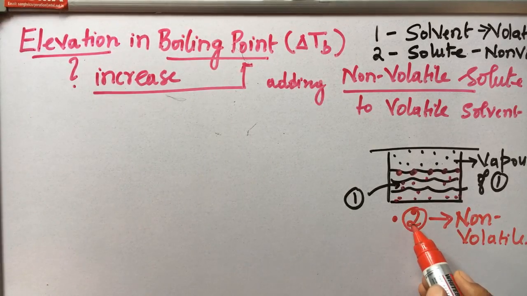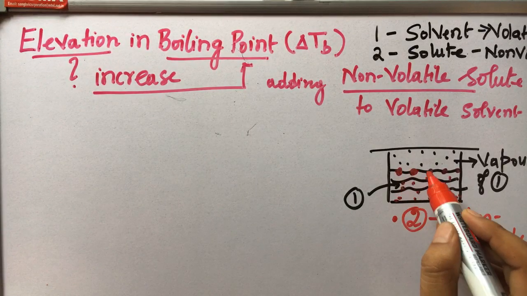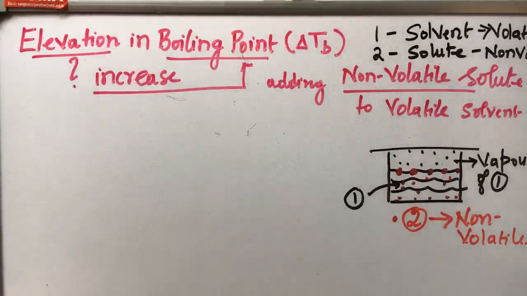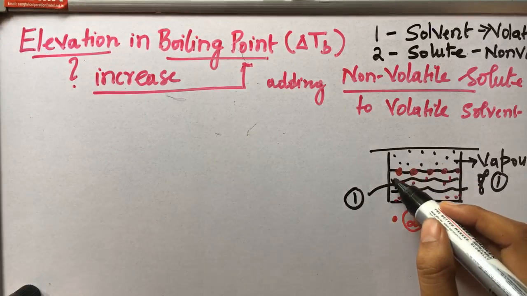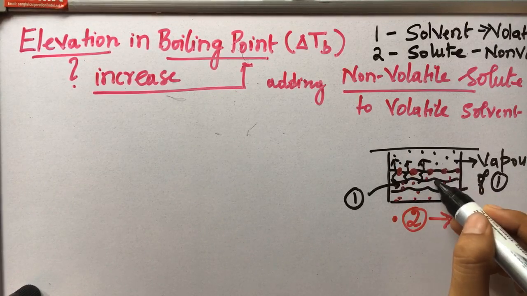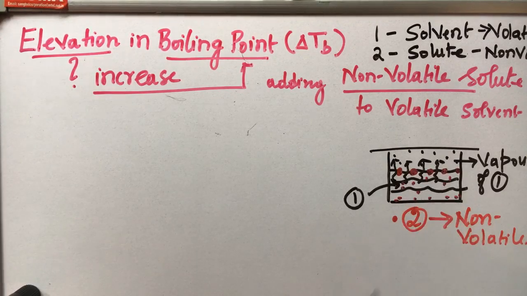Because of the presence of this non-volatile electrolyte, which blocks the surface of the liquid, it will not allow the liquid molecules, that is component 1 molecules, to evaporate. Here it can evaporate, here it can evaporate, here also it can evaporate, but wherever a red dot is present, it will block the evaporation of the liquid.